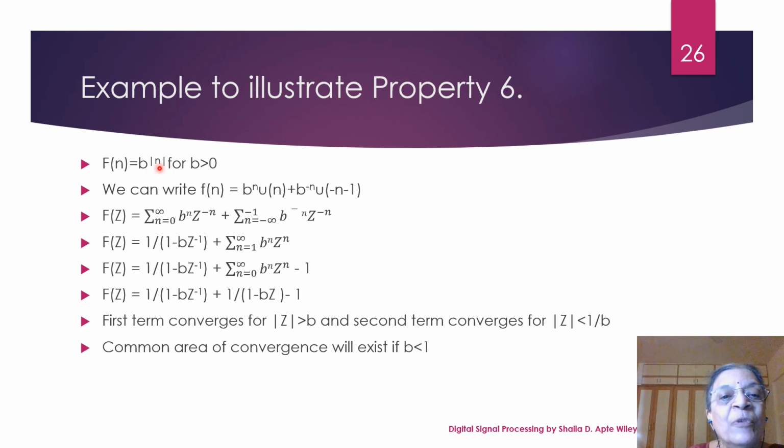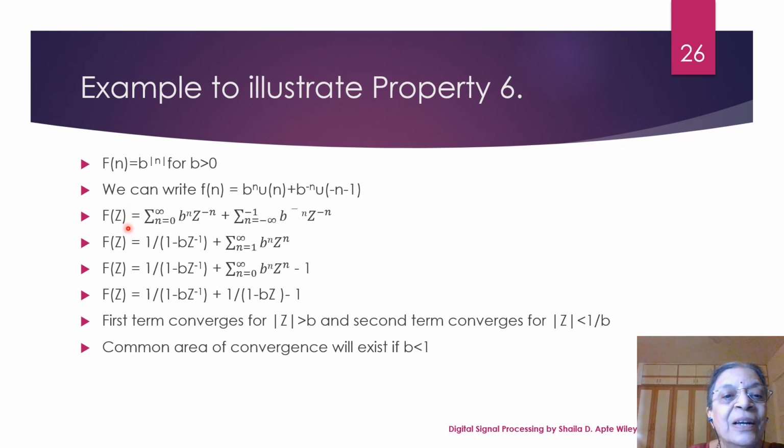For n between 0 and infinity it will be b raised to n u[n], and for negative values it will be b raised to minus n u[minus n minus 1]. That means this u[minus n minus 1] exists for minus 1 to minus infinity.